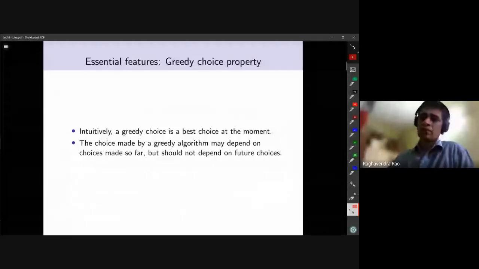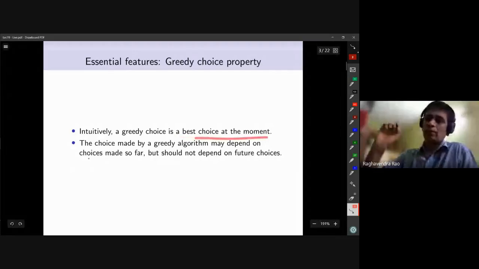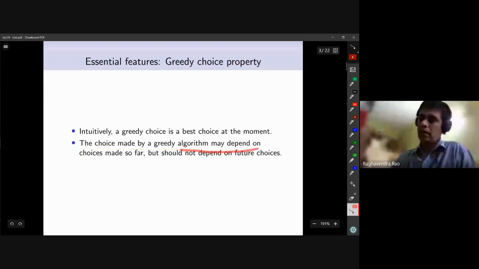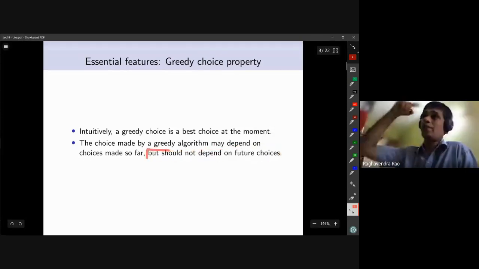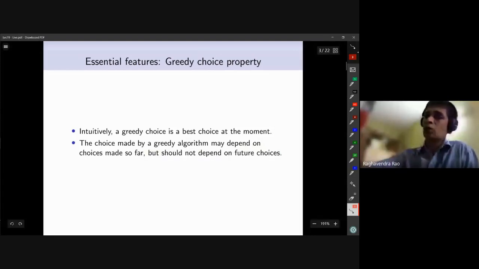So the greedy choice is the best choice at the moment. The choice made by a greedy algorithm may depend on the choices made so far, but should not depend on future choices. It should not foresee, okay, I'm going to add this candidate later, so this is the right candidate now. That is the crucial point.